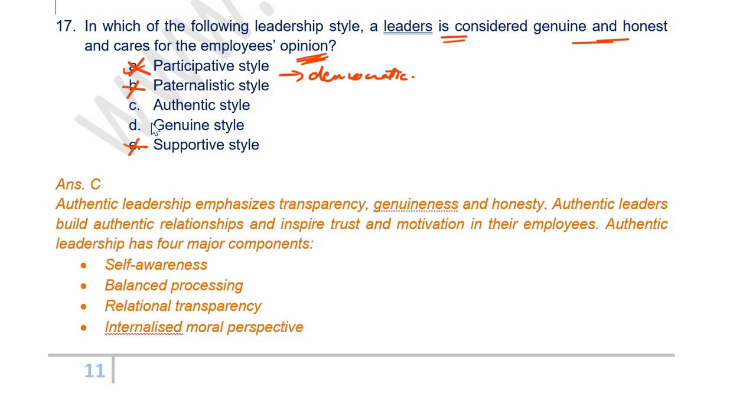Paternalistic again would focus more on the employees, where you are more of a fatherly or a parental type of leader focusing on the employees. So here a little confusion could have come from the cares for the employees, but again, because we are also talking about genuineness and honesty of the leader, this is relatively a less likely option. So from these two options, authentic leadership style.